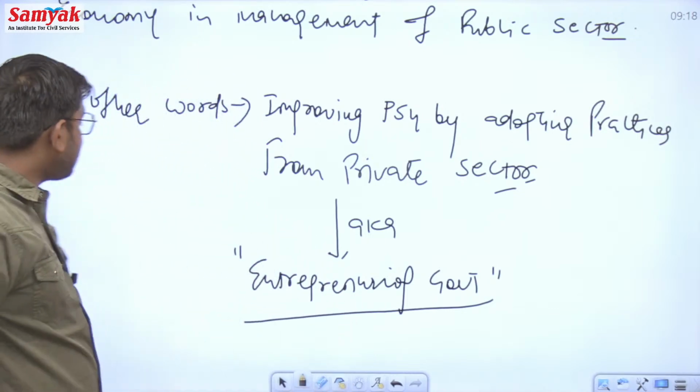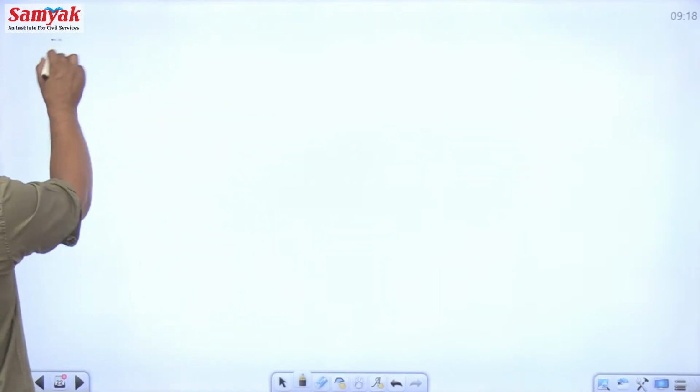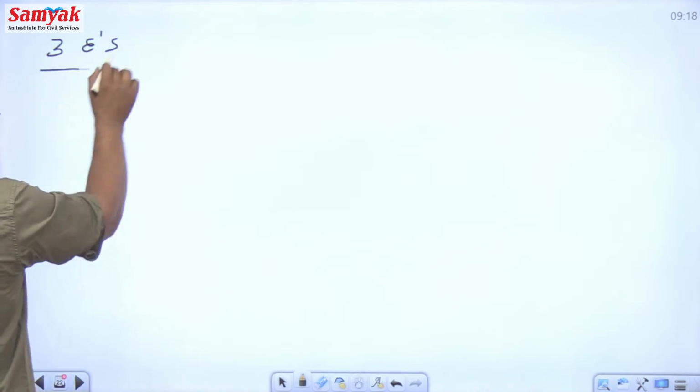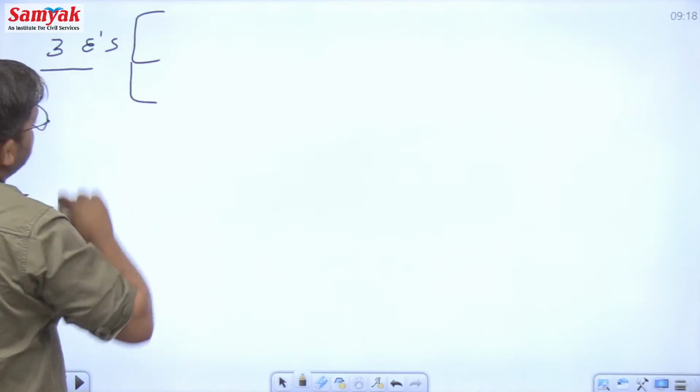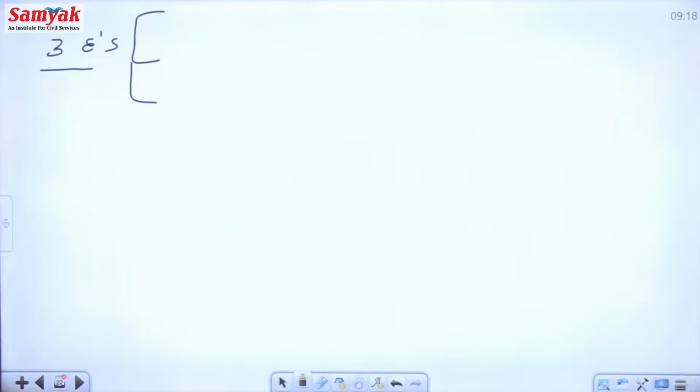Now this concept of the NPM is based on 3 E's. And what are the 3 E's of the NPM? So the 3 E's of the NPM are economy, efficiency and effectiveness.